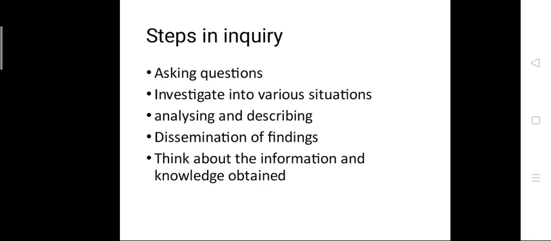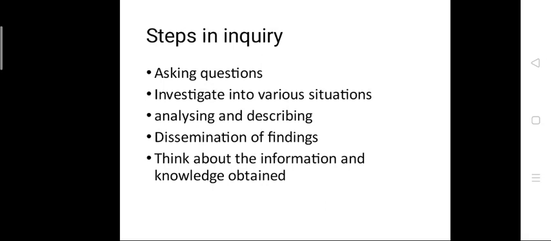The main problem of our researchers is that there are so many novel findings in connection with various researches being conducted in our educational institutions and other institutions. But most of these findings are kept on a shelf. They are not properly disseminated. So that's very important, the dissemination of the findings of our inquiry.